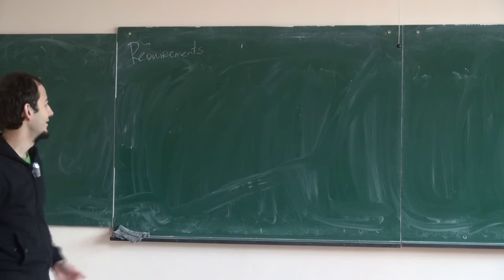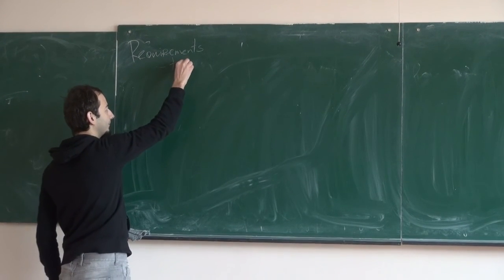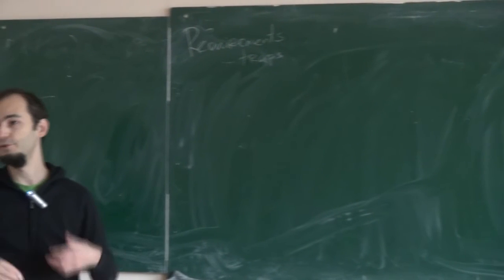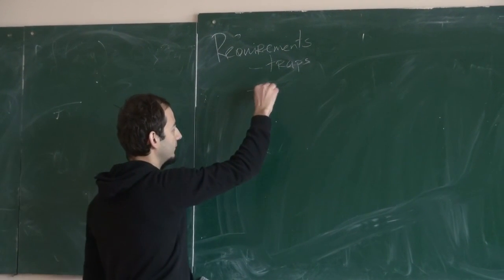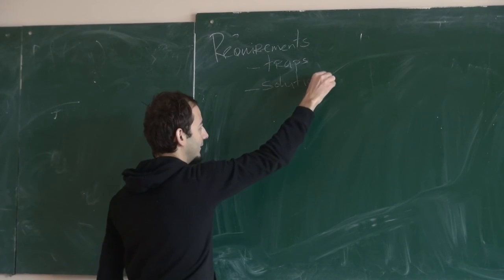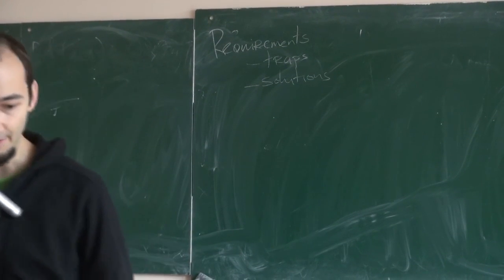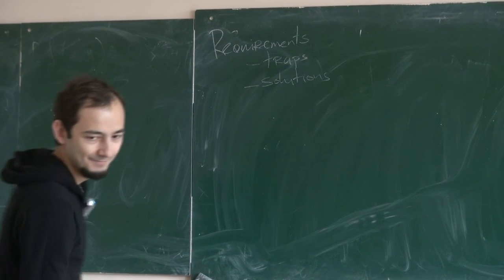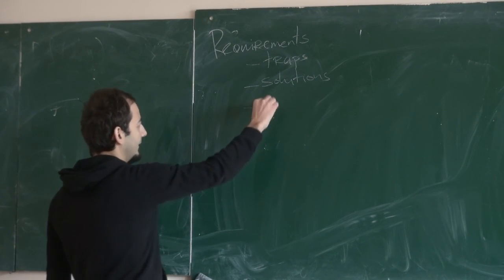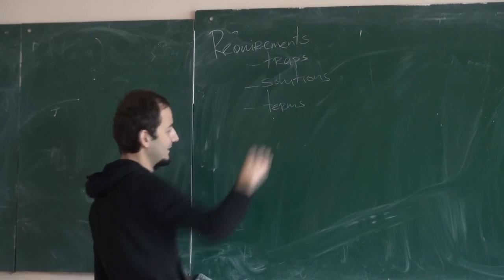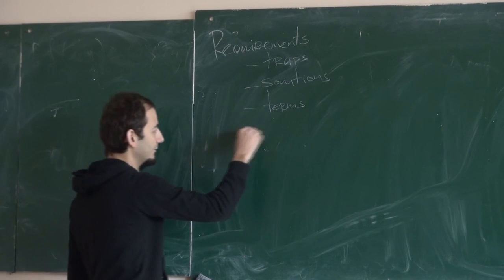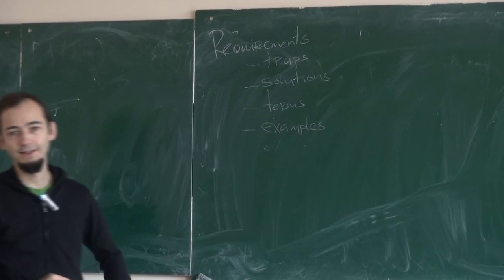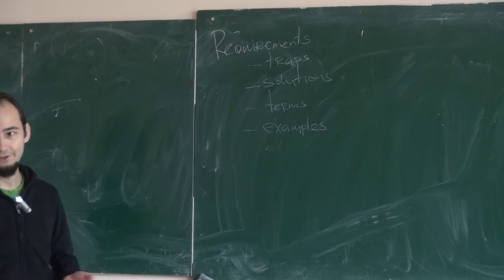And we will cover subjects such as typical traps we can fall into as software engineers or as project managers, solutions that will help us avoid those traps, some basic terminology related to this field, and we'll discuss some examples of bad requirements, and then we'll try to prettify them and make them better.